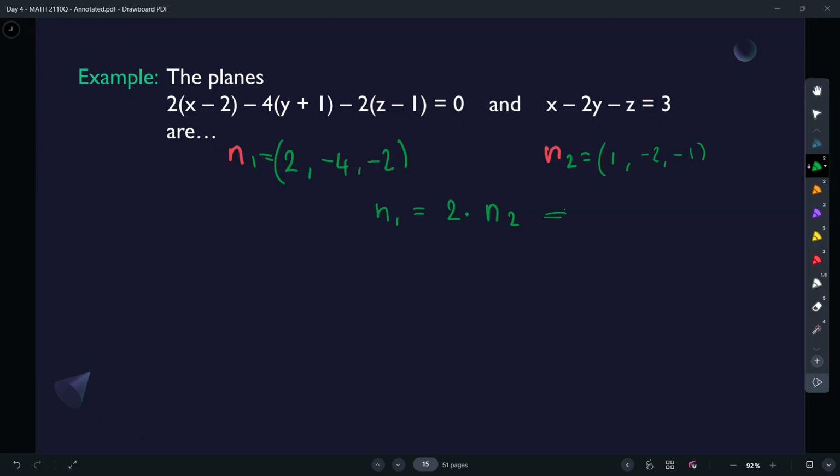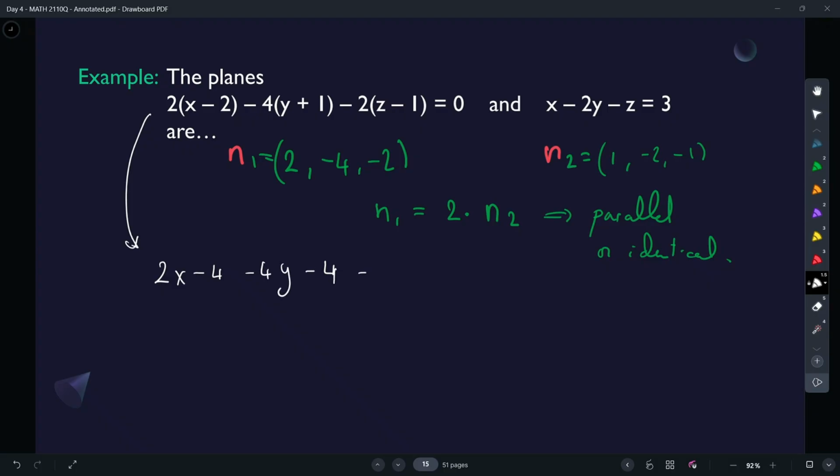So this tells me they are going to be either parallel or identical planes. And now how do I know? I can figure that out by computing exactly what the equation is for this one. That is 2x minus 4 minus 4y minus 4 minus 2z plus 2 equals 0, and that is 2x minus 4y minus 2z, and then minus 4 and minus 4 is minus 8, plus 2 is minus 6, so this will be 6.